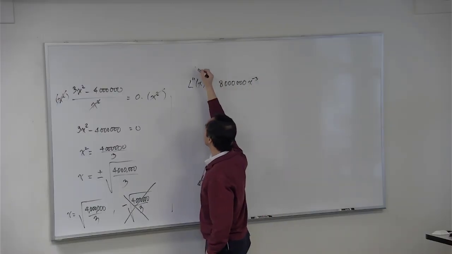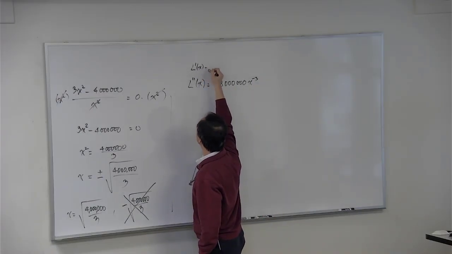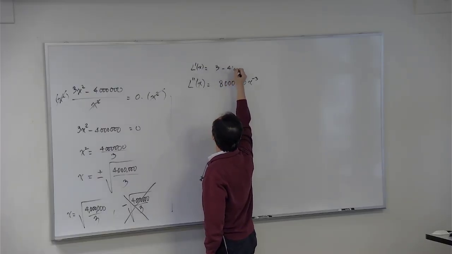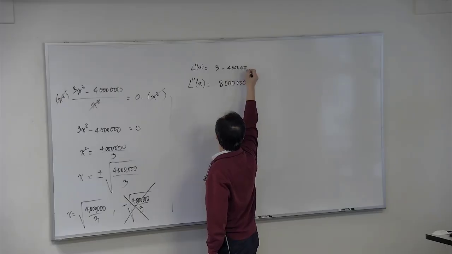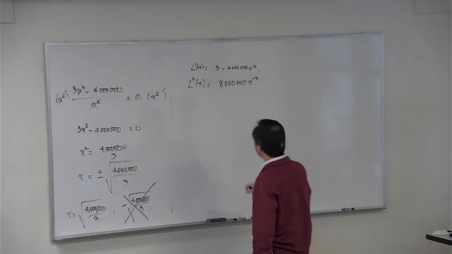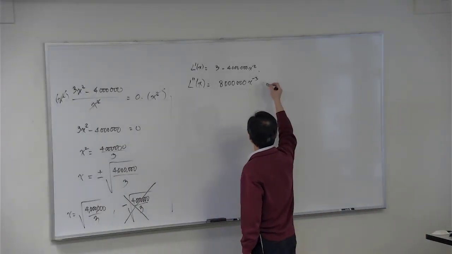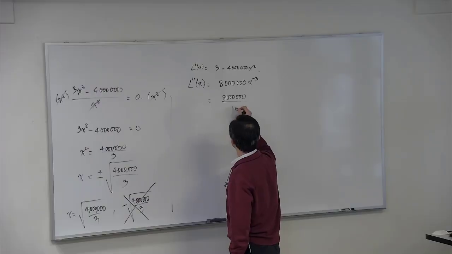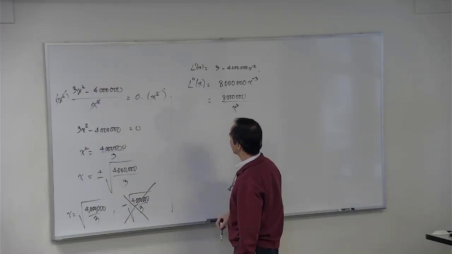So remind yourself that L prime was previously found as 3 minus 4 millions x to the minus 2 power. That's why L double prime came down to this. And this can be thought of as 8 millions over x cubed.